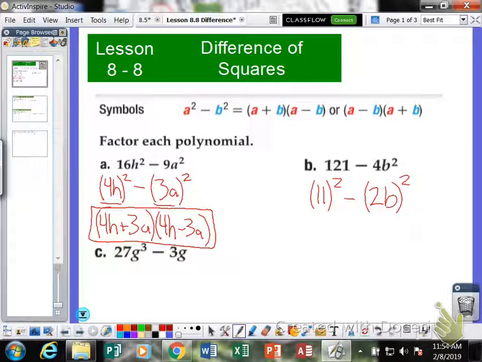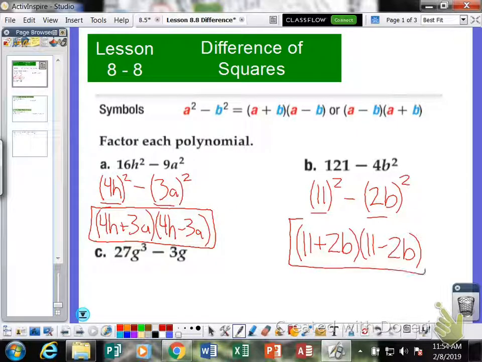And now to get in our final factored form, again, we're just going to take what's inside our parentheses and use our formula that is up top. So I have 11 plus 2b, 11 minus 2b. And that is my answer there. Nothing more I can do.